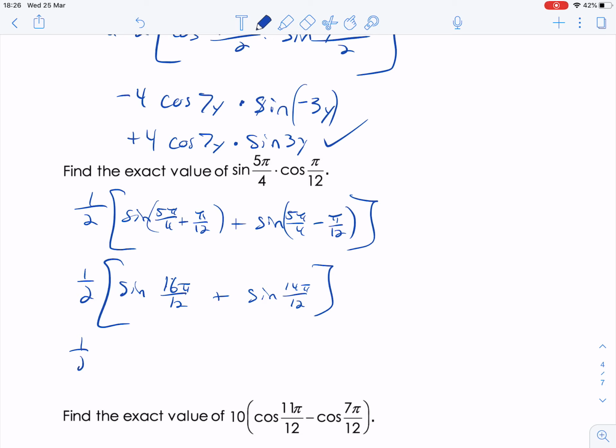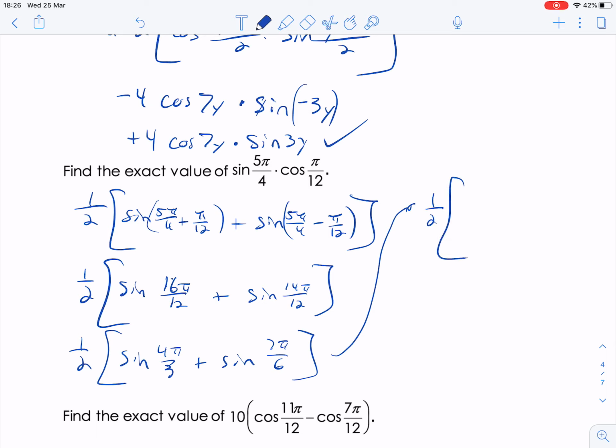So we're going to get 1/2. That's going to be sine of 4 pi over 3, sine of, let's see here, 7 pi over 6. That's it. And let's do it. 1/2 of sine of pi over 3. So sine of 4 pi over 3 is going to be negative square root of 3 over 2 since it's in the third quadrant, plus sine of 7 pi over 6, which is negative 1/2.